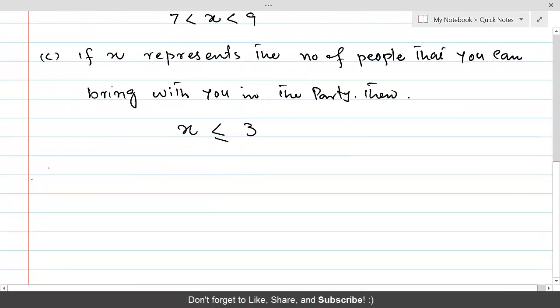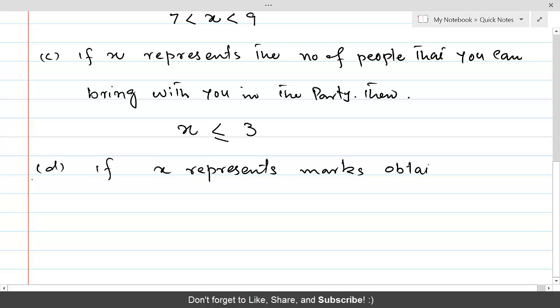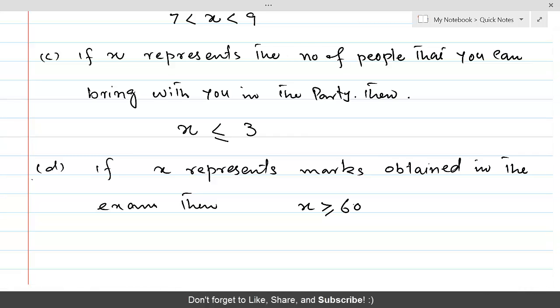Therefore, D part, if x represents marks obtained in the exam, then x is greater than or equal to 60, 60 itself being part of this.